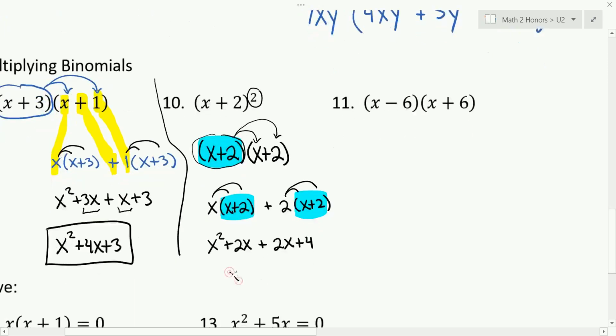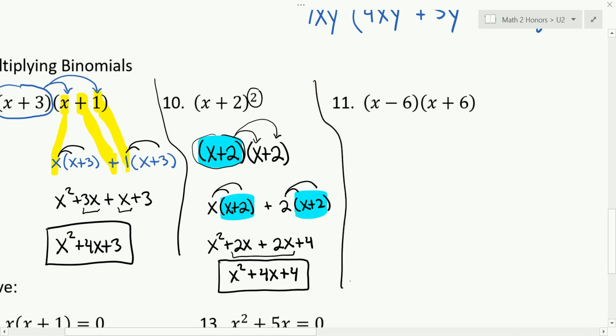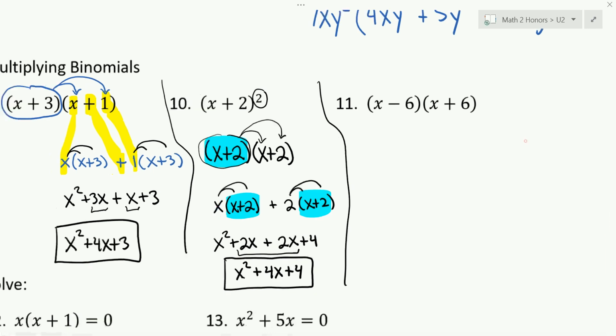And we get x squared plus 4x plus 4, because what we're doing now is combining the middle two terms. And that's our answer. So try that with 11. Do it the way I've been modeling it. Use the distributive property a couple times to answer it.